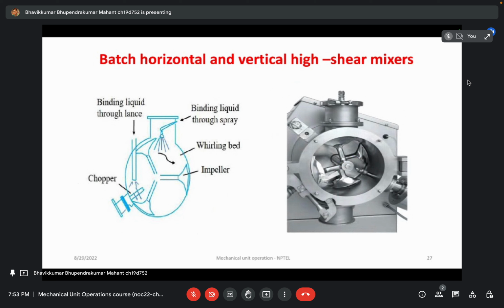Now, batch horizontal and vertical high shear mixers. For high speed mixers there are two different types: batch horizontal as well as vertical high shear mixers.